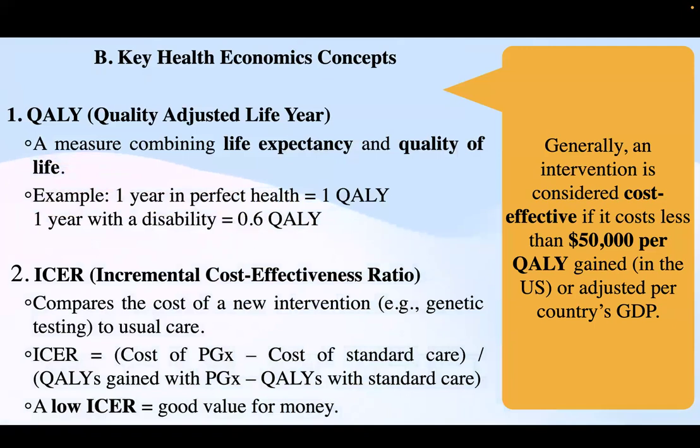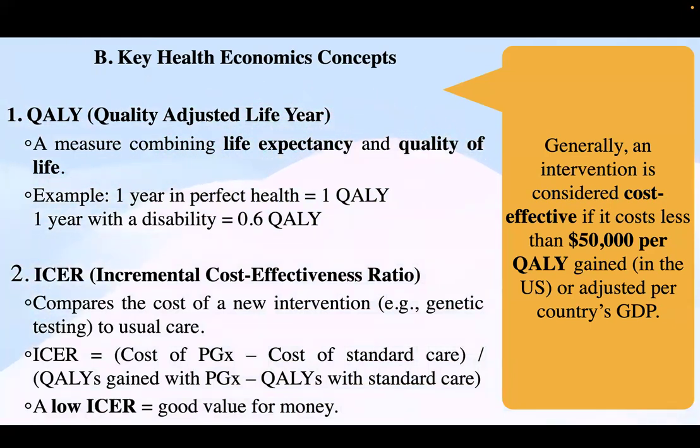Now see the second one, which is ICER, the incremental cost effectiveness ratio. This term compares the cost of a new intervention, basically a genetic testing cost, to the usual care.